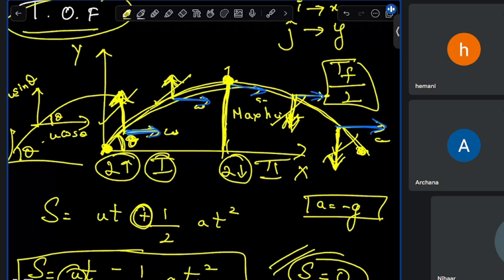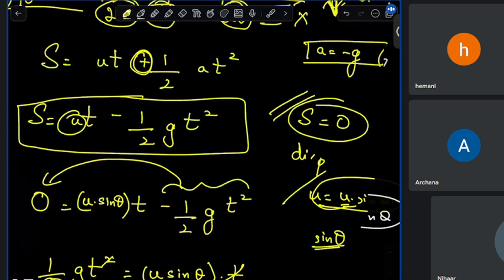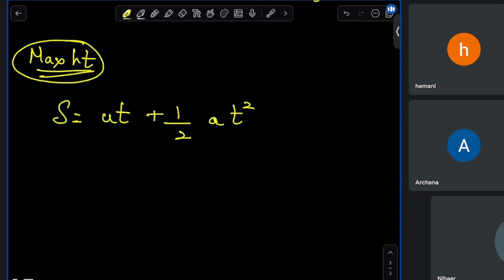So to reach max height, the time the object took is TF by 2. Remember this, more than enough. So when it comes to max height, all the t's become TF by 2. Why? Because exactly in the middle, it's attaining max height. Based on this, we get the answer. Now focus. Max height means some kind of distance.